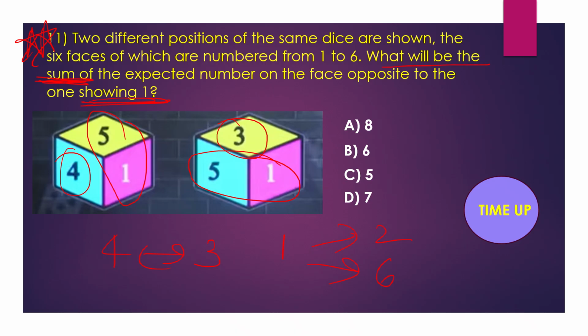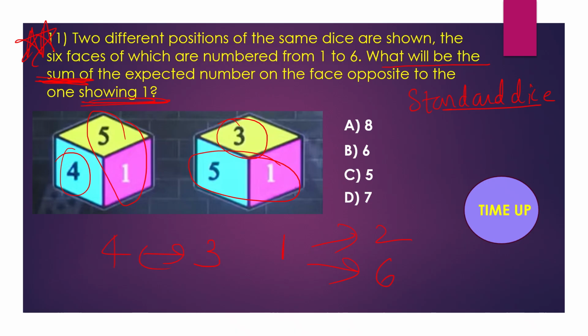What is the sum they have asked? So in that case, you need to check whether these two dices are a standard dice. Standard dice means the opposite numbers when you add, the sum should be 7.